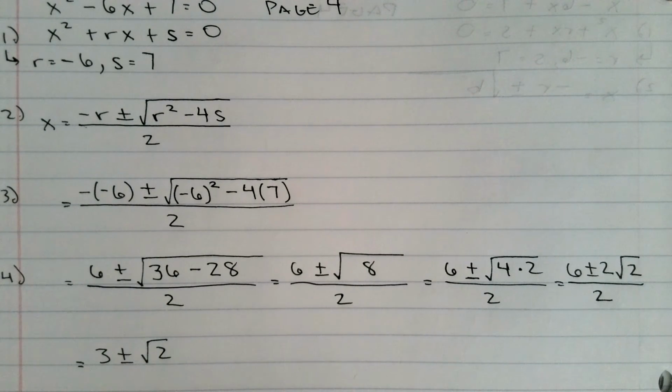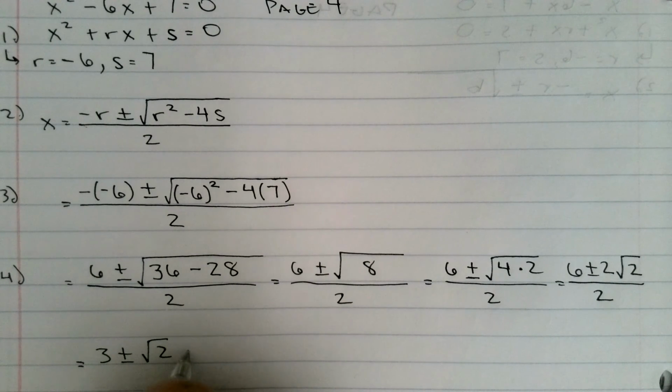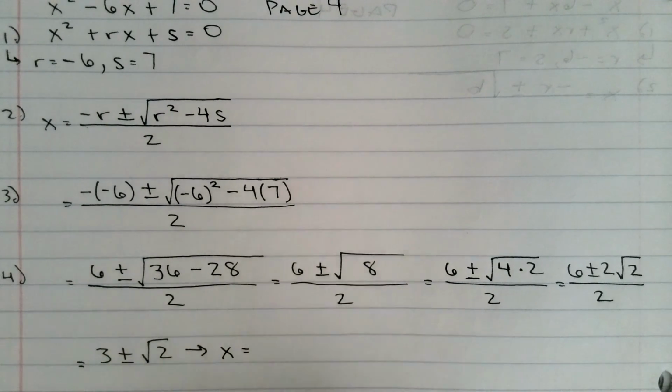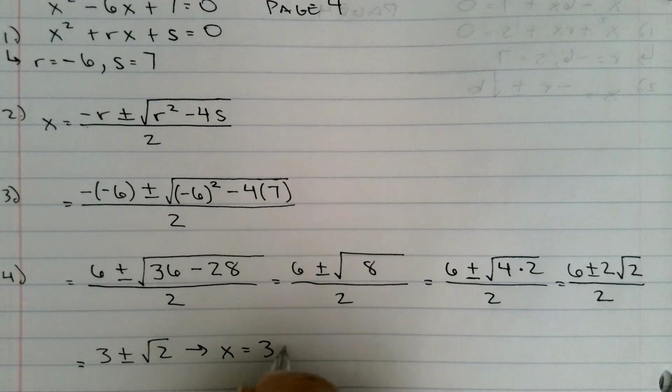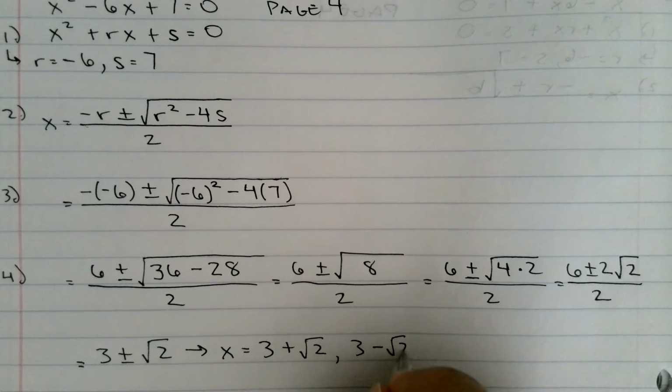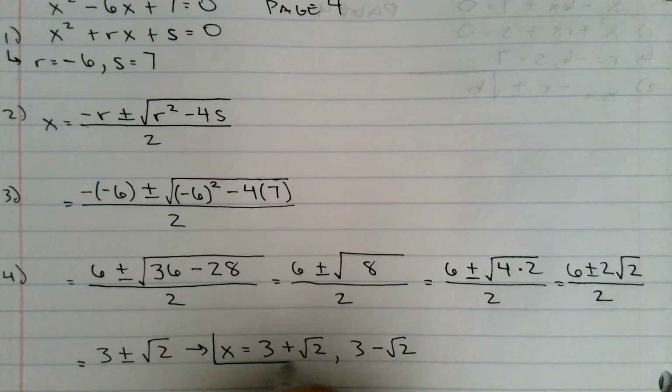The sign plus or minus, which you see in your notes directly under step 4, means plus and minus. So we actually have two answers here. x is equal to 3 plus the square root of 2 and 3 minus the square root of 2. So there are two solutions here.